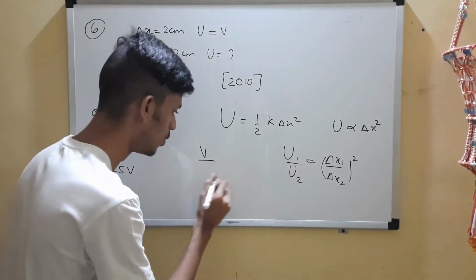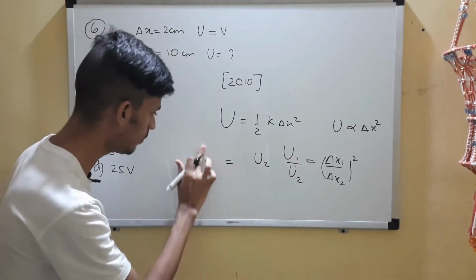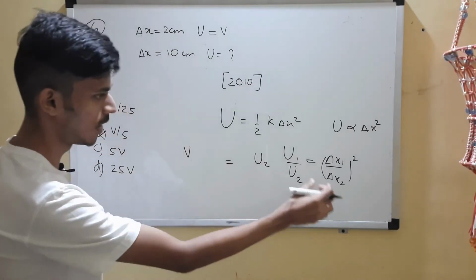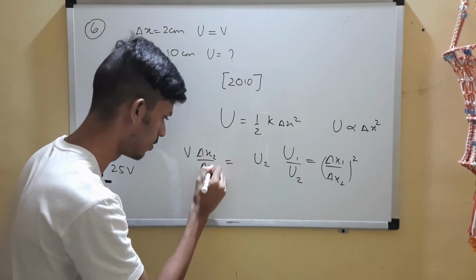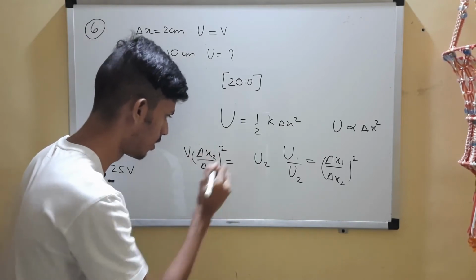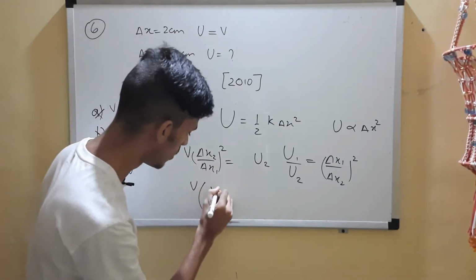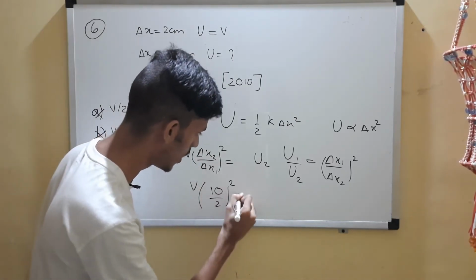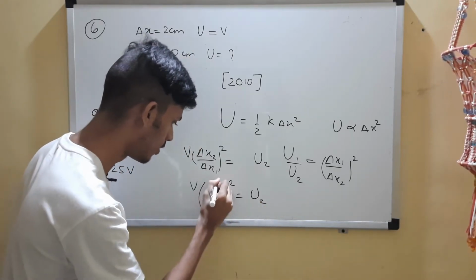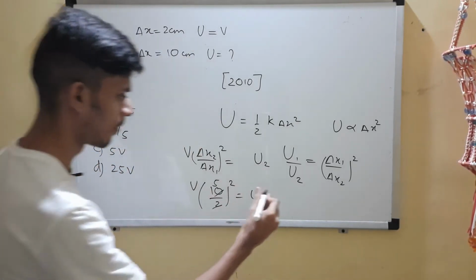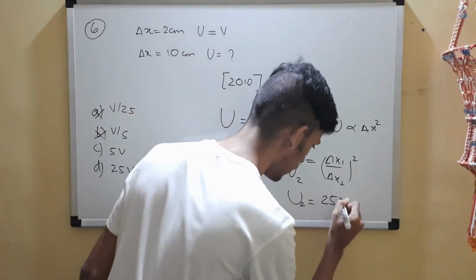U2 we have to find, so let's take it to the other side: U2 is V times delta x2 upon delta x1 the whole square. Delta x2 is 10 centimeters, so 10 by 2 the whole square, which is 5 square. U2 is 5 square into V, which is 25V.